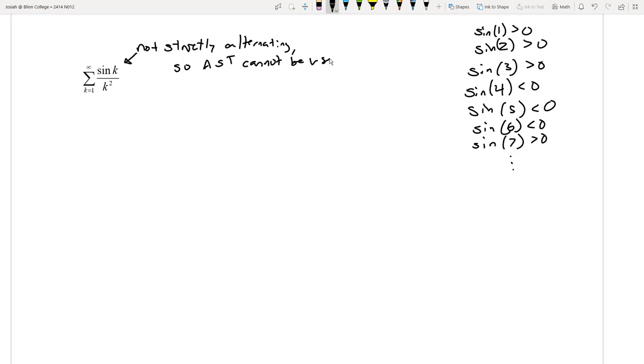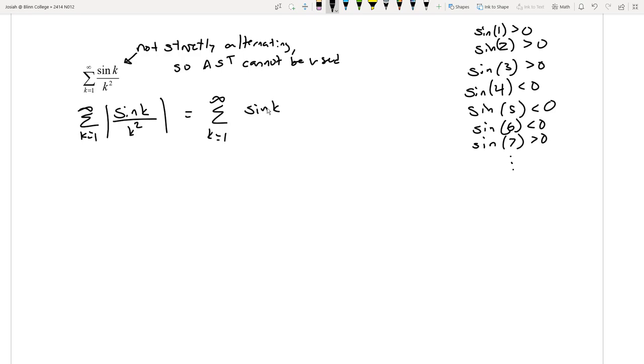The alternating series test cannot be used because this is not alternating. The signs are changing, but not consistently enough for the alternating series test, which means that when we apply our absolute values, we better hope that we get a convergence here. So we better hope that this is absolutely convergent. One thing that we know is that k squared is always positive, which means the absolute values don't really matter for it.